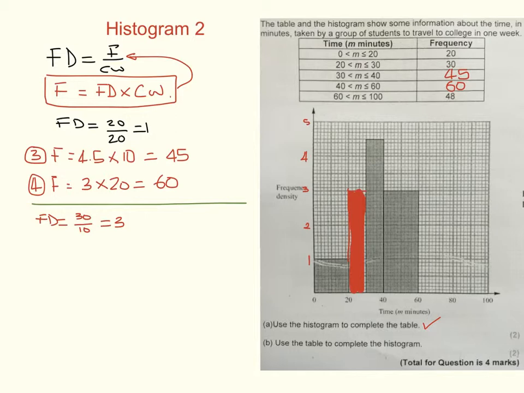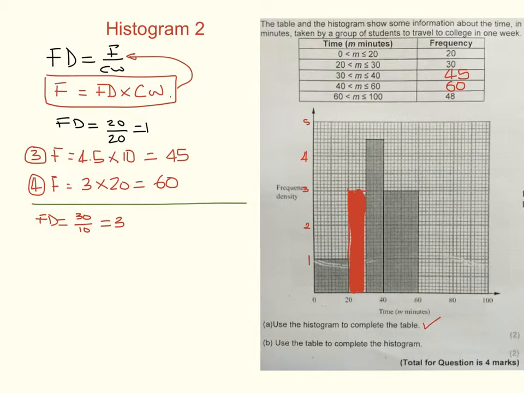The next missing bar that I've got is this last one here, because I've already got this one, I've got that one. We already established that these are my two bars here. The last one is missing, and it looks like the frequency is 48 and the frequency density for this one is going to be 40, because this one's going to go all the way down to 100. Yeah, 60 to 100.